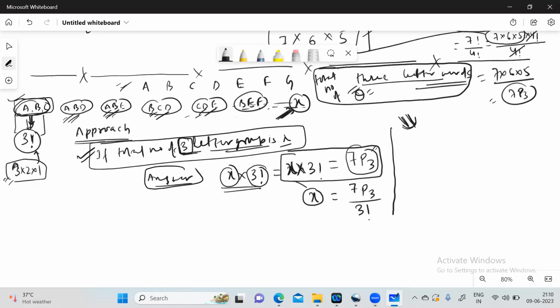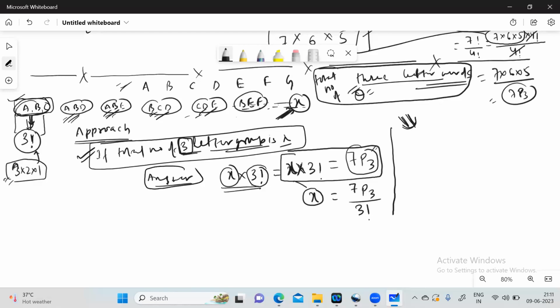आगे बोलो, complete this statement. Total number of group that form a 3-letter word. No. There's no need to use the word here. Just tell me what is X. X is total number of groups of 3 letters from 7 given letters.